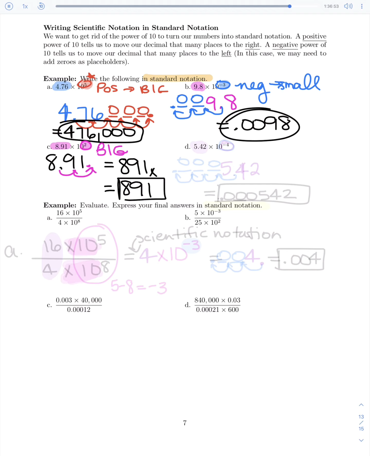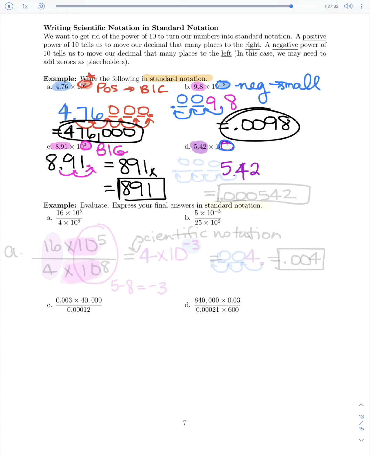Here's another one. Let's take a look at problem D. In problem D, we've got 5.42 as our decimal that we would be starting out with. And let's see, we've got our 5.42 and we've got our exponent of -4. The -4, because it's negative, means our number is actually going to get smaller. Well, the only way to get our number to be smaller, or more of a decimal because of the negative exponent, would be to move the decimal to the left.